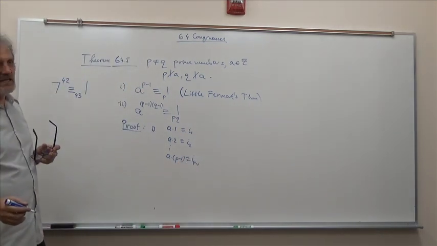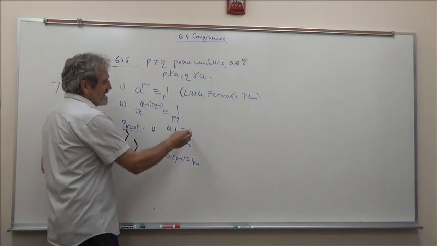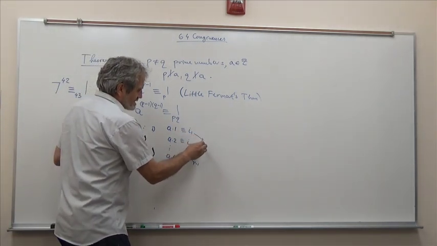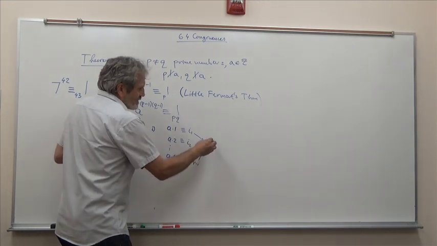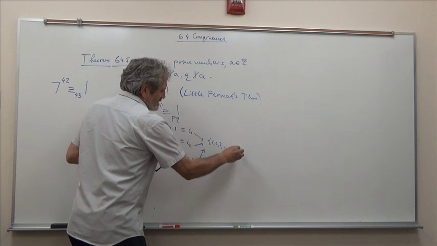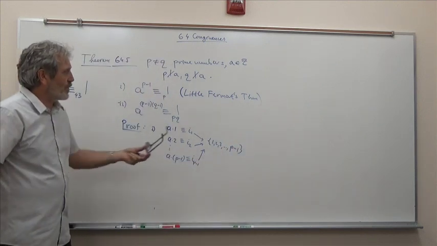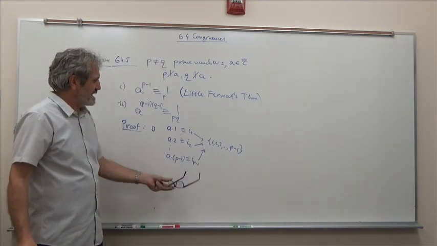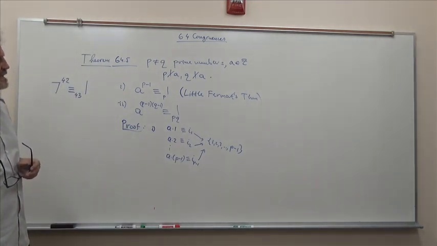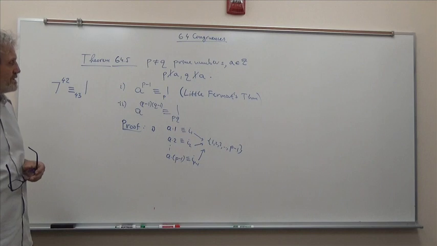I don't know what they are, but I know that they are not congruent. So basically these numbers, I don't know in which order, are basically again 1, 2, 3 to p minus 1. They have different remainders modulo p.